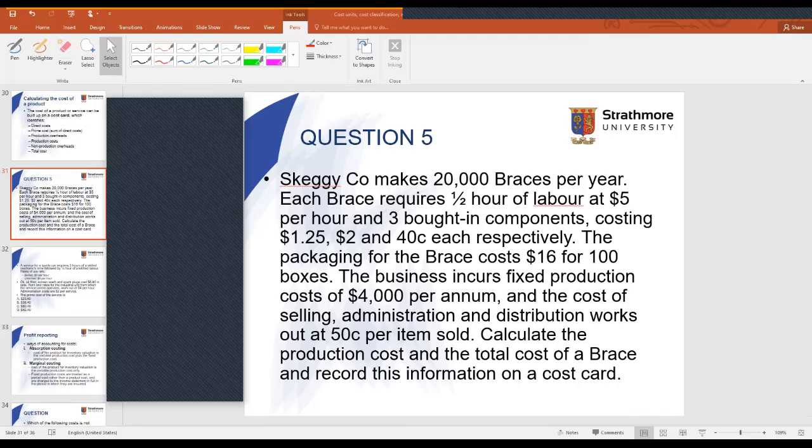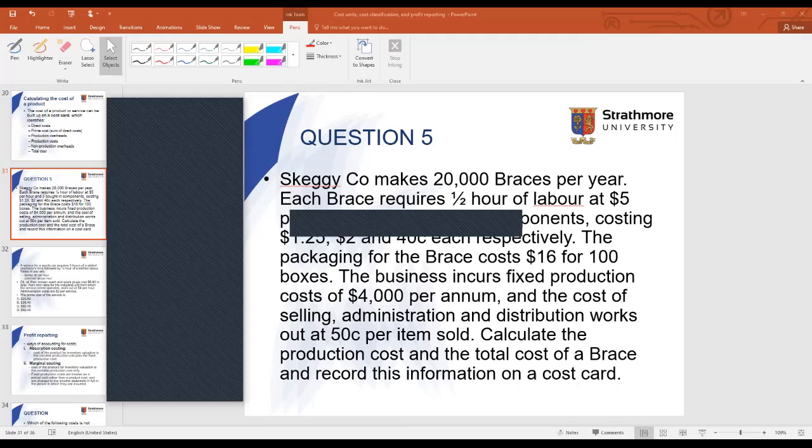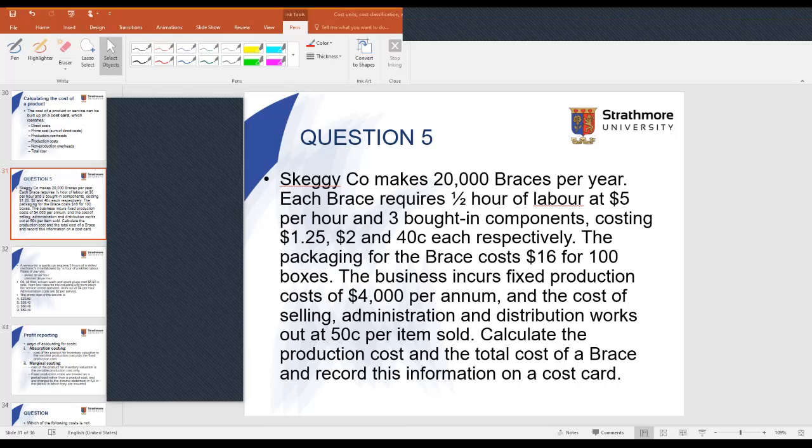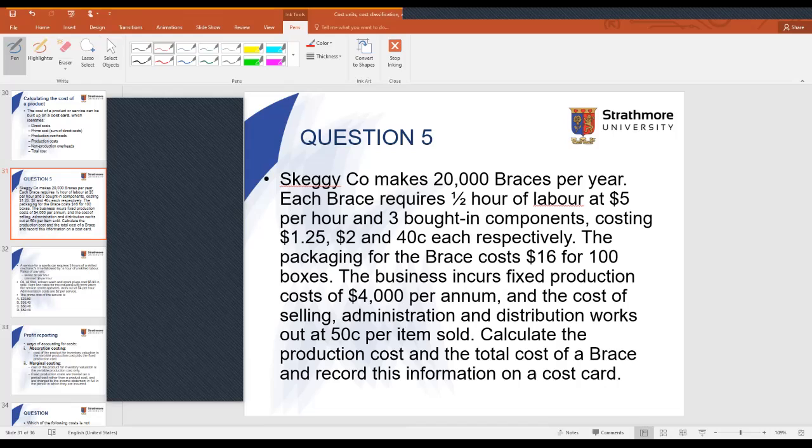I've only calculated till prime cost. Okay, so the prime cost, I got it as 24 and 40 cents.